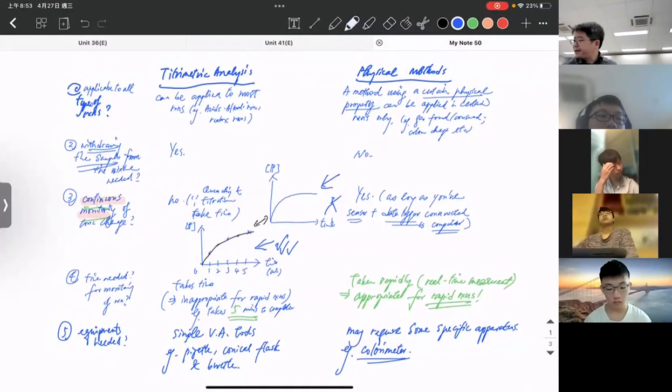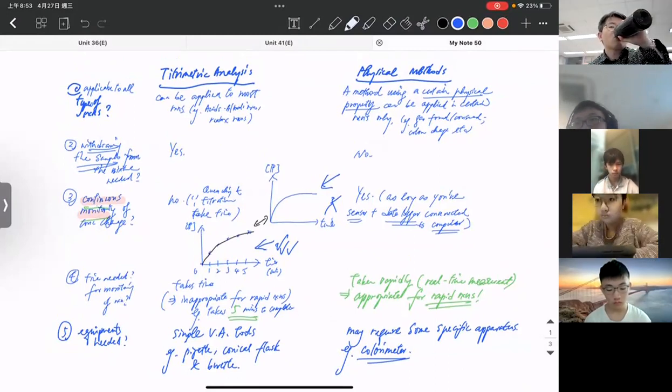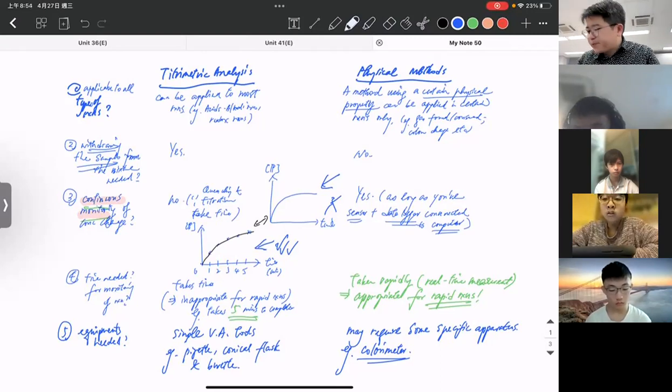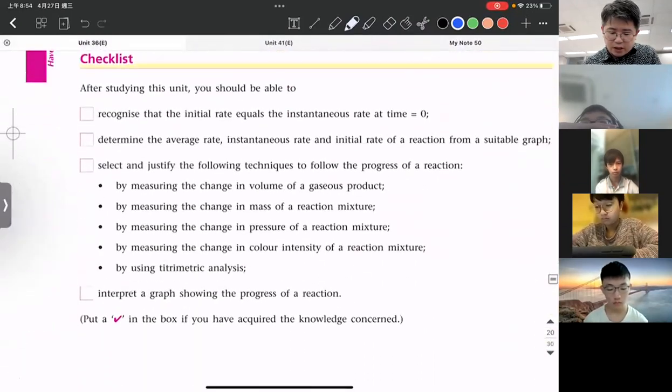We will have a consolidation of this topic to wrap up what we have learned so far. Questions? No? Now, if not, we come to here.